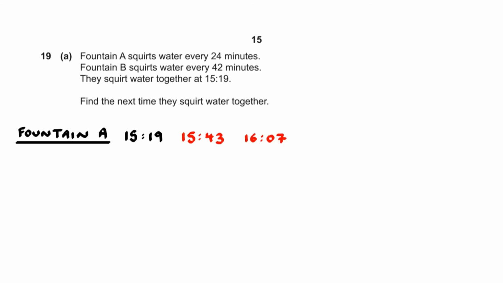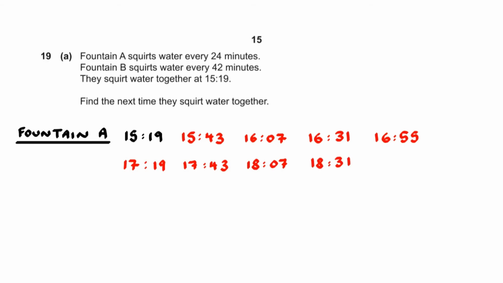Another 24 minutes, 16:07. Another 24 minutes, 16:31. Another 24 minutes, 16:55. Another 24 minutes, we get 17:19. Another 24 minutes, 17:43. Another 24 minutes, 18:07. Another 24 minutes, 18:31. Another 24 minutes, 18:55. We could continue on.